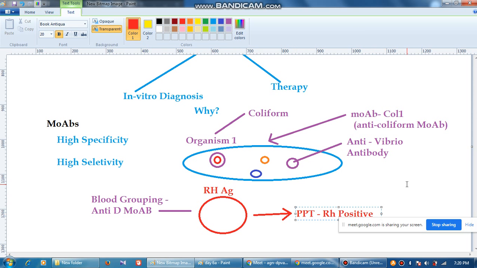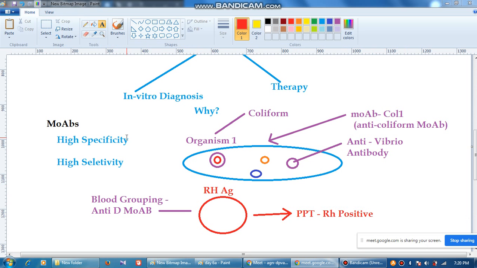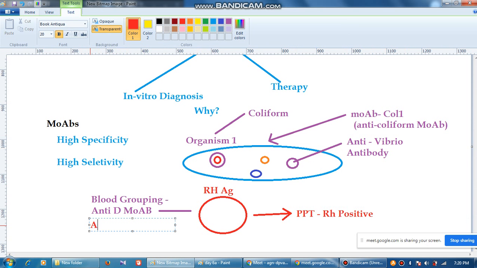Similarly for the rest of the other blood groups as well. For all different blood groups we have anti-A MOAB, then anti-B MOAB. These are all monoclonal antibodies.